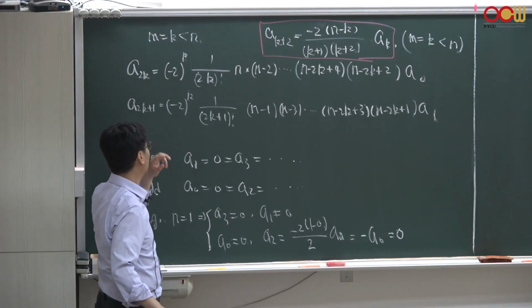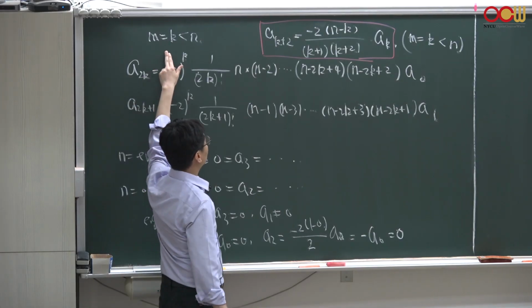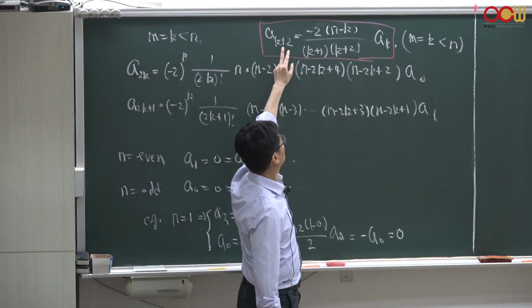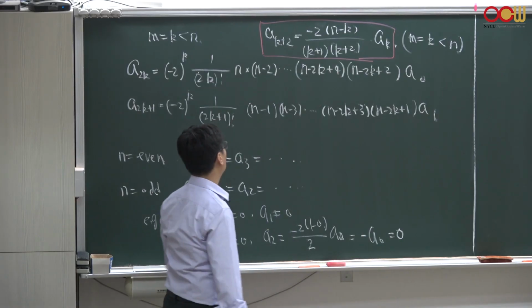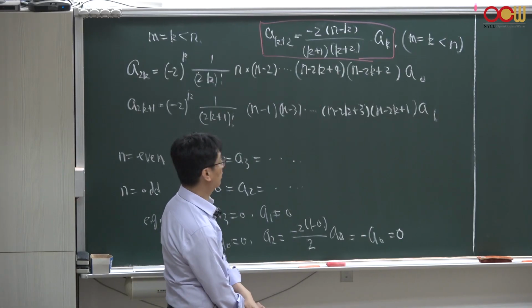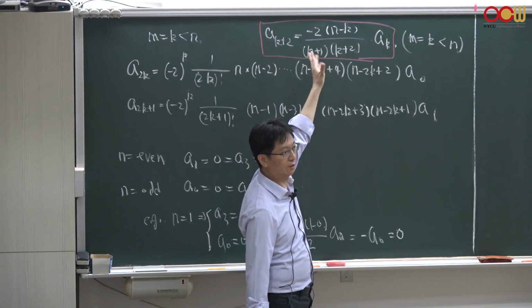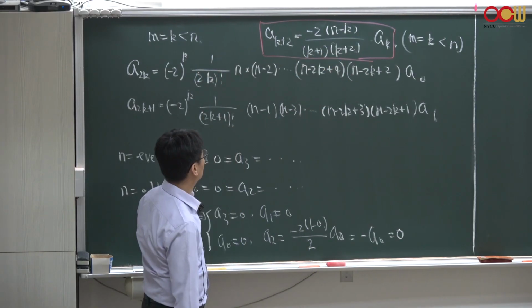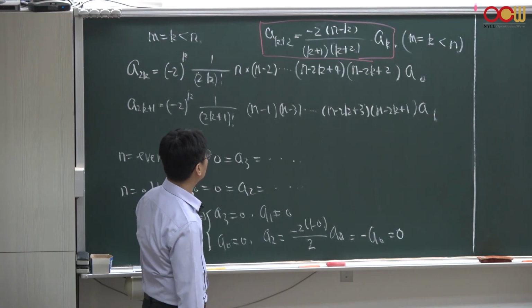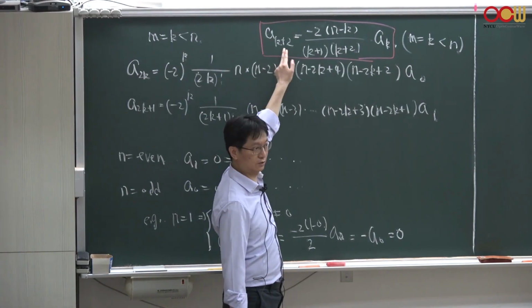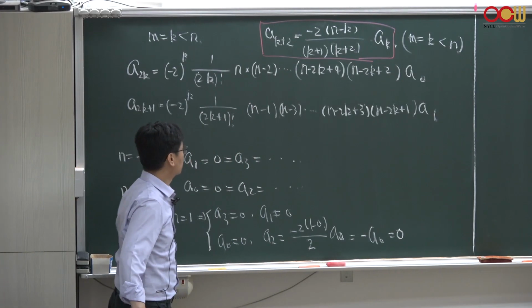So in general, when m equals k, you can use this recursive relation between a of k and a of k plus 2, plugging in all these previous terms to derive the recursive relation, which is given by this red box.